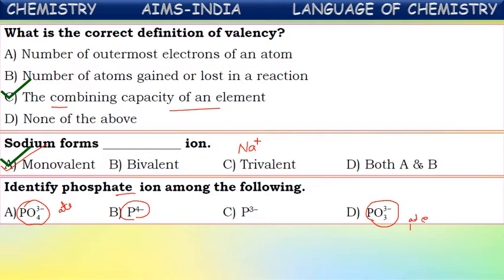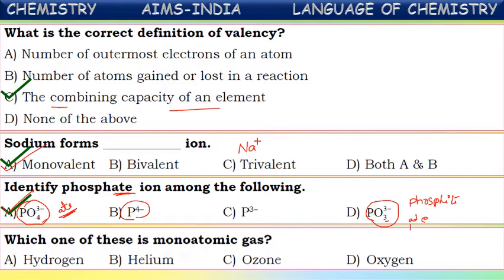Here PO4 3 minus has 4 oxygens; in PO3 3 minus the number of oxygens is 3. So PO4 3 minus will be phosphate. He asked for phosphate, so our option is A. A option is the correct option. Yes. Now come to the next question.